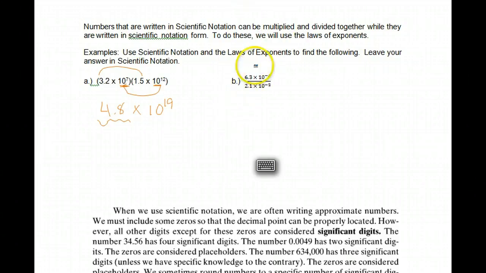And then lastly, in B, we follow the same procedure. We're going to divide those numbers, and then we use our laws of exponents to divide the bases. So 6.3 divided by 2.1 is 3 times. We keep the base the same and subtract the exponents.